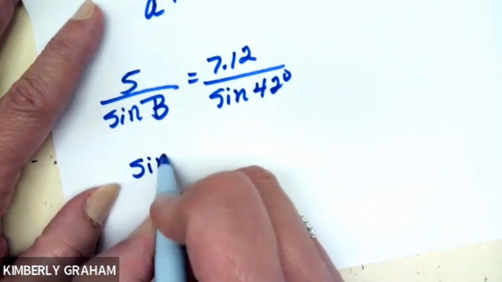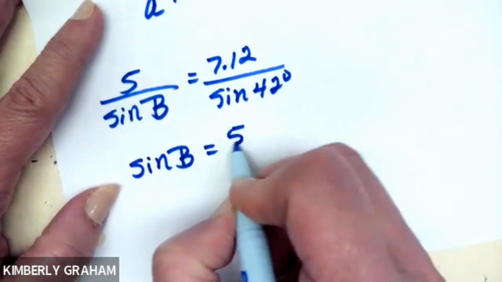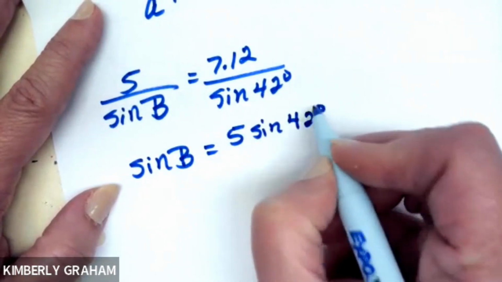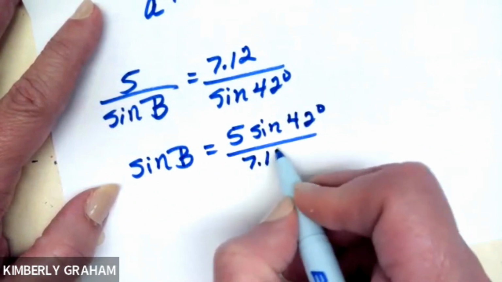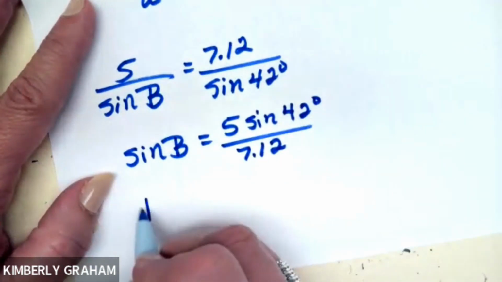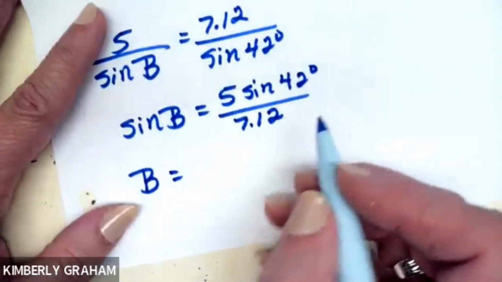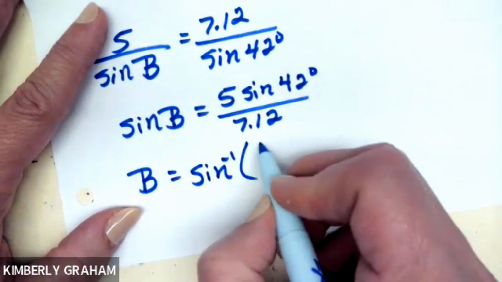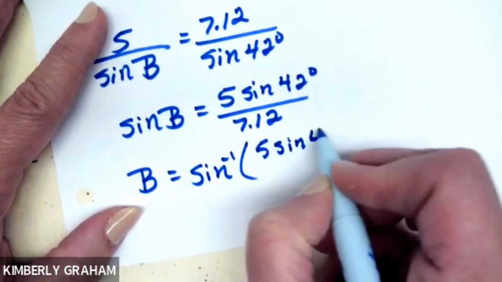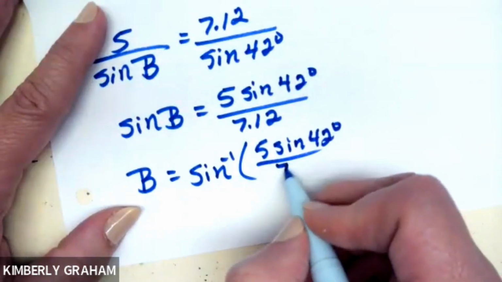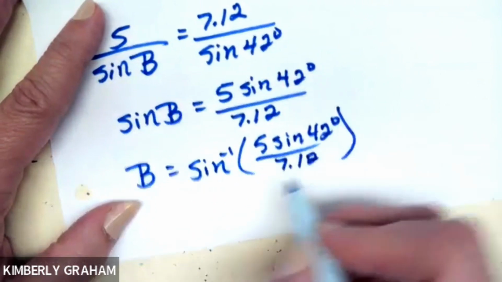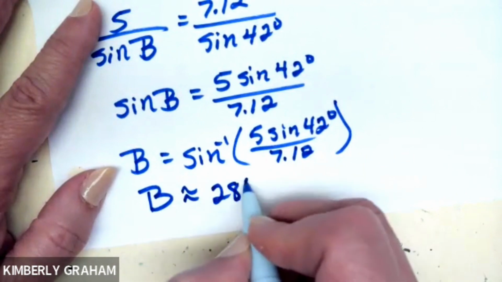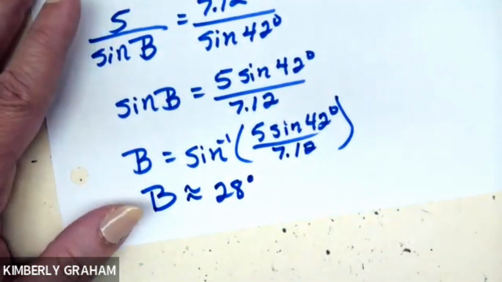So you have sine B equals 5 times the sine of 42 divided by 7.12. So then you're going to do the inverse. So B equals sine inverse of 5 times the sine of 42 divided by 7.12. And that's going to give you approximately 28 degrees on that.